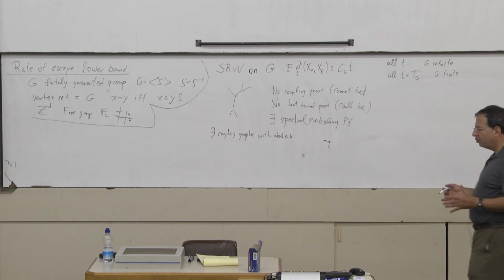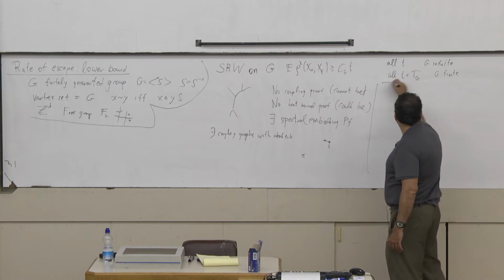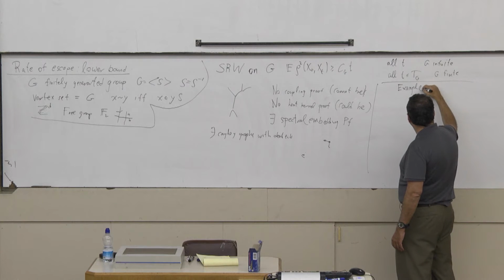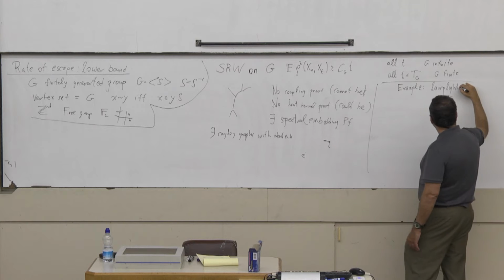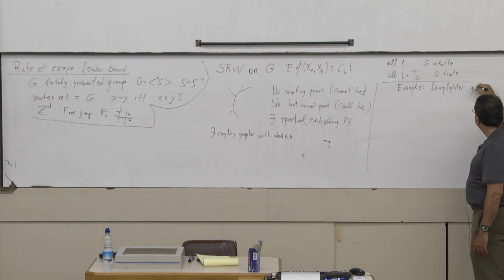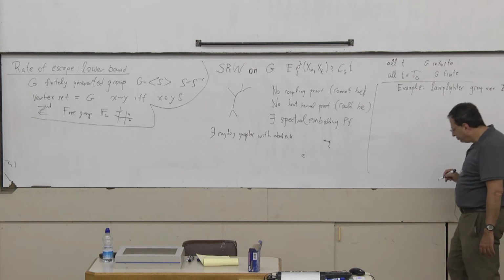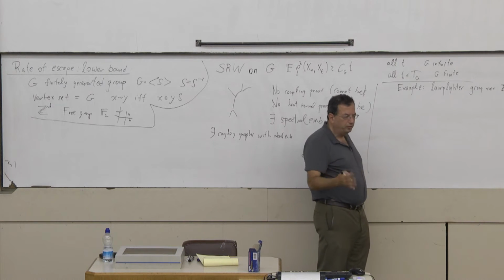So I'll describe to you what the graph is. The example is one of my all-time favorites, the lamplighter group. We'll do the lamplighter group over Z, which we sometimes write like this. And this group can be defined in terms of the group operation.